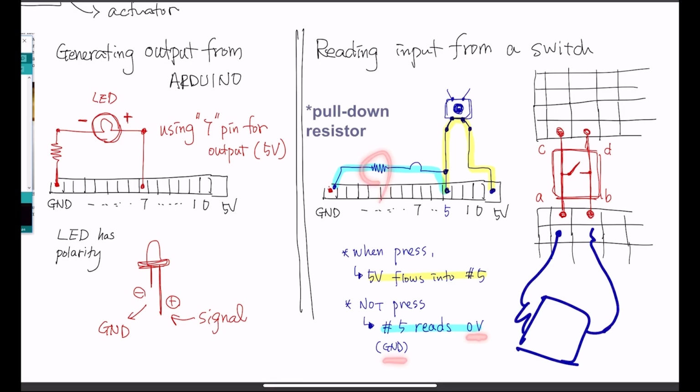And this is something called a pull-down resistor. The reason we have this is that we would like to have 5 volts flowing into pin number 5, not going to ground. Let's take a look here. Say you have pushed this thing down, and now this is being connected like this, you see? So 5 volts is up to this point. If we didn't have that resistor and this is just connected like that, then your 5 volts is going to be confused.